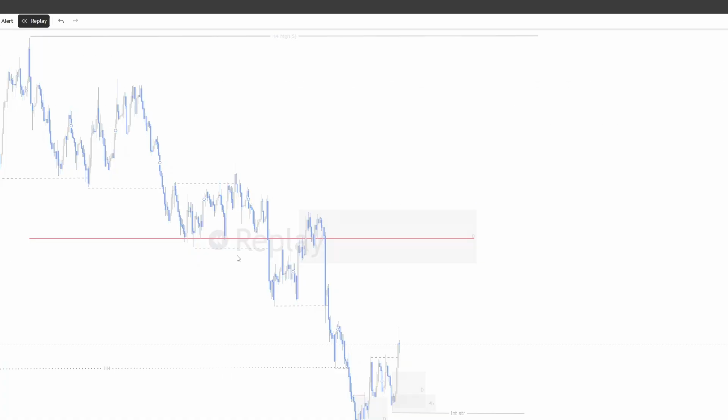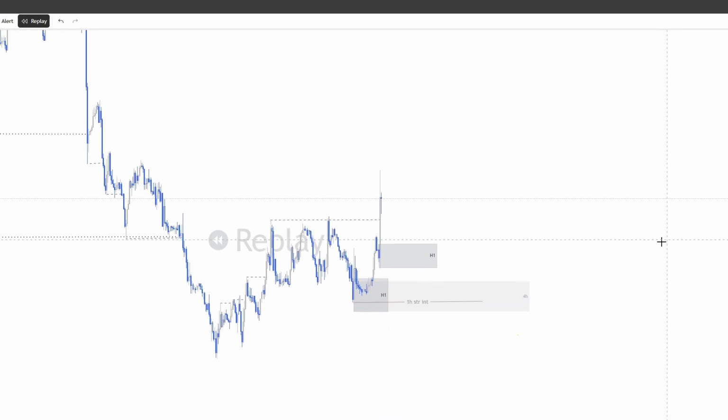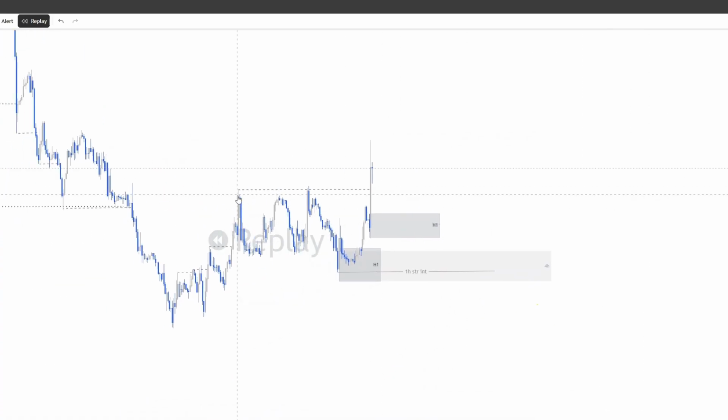So looking at the 1 hour, we are going to focus on this internal structure. We have an internal break of structure here, which means price is in an uptrend. So what do I expect? What I expect is I will wait for price to pull back into this demand zone.